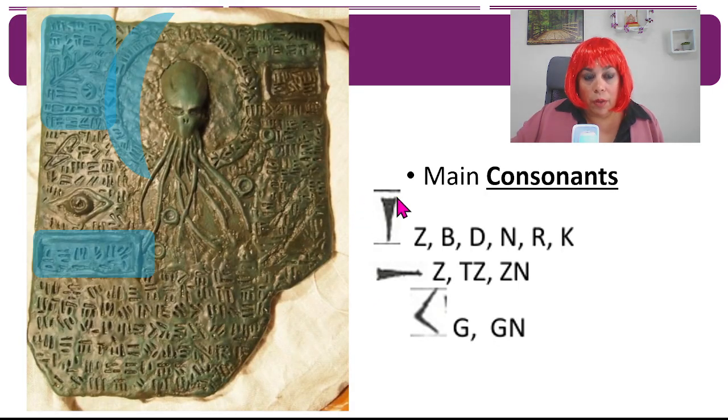In cuneiform, there are three main symbols. They represent the consonants. Depending on the position and the interaction with the text, is how the words are formed. This blue part here and here is what I have deciphered until now. And you are not going to like it.